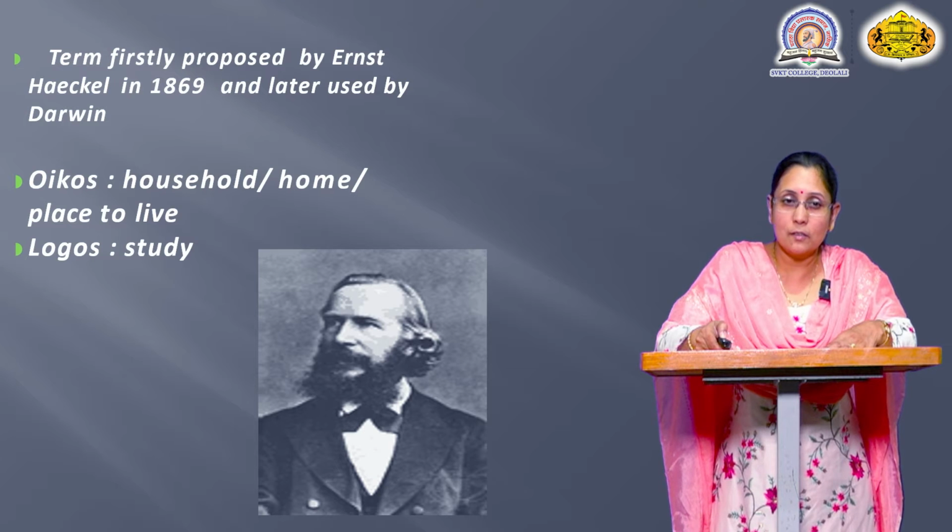The term ecology was first proposed by Ernst Haeckel in 1869 and later utilized by the scientist Darwin. Here ecos means household or the place where we live, and logos means study. Simply, ecology is the study of the place where we live.